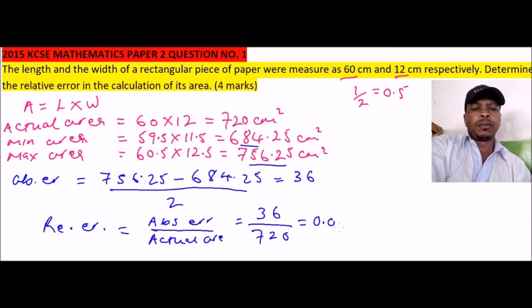So that is the relative error, and you earn yourself 4 marks. So that's how you work out that.